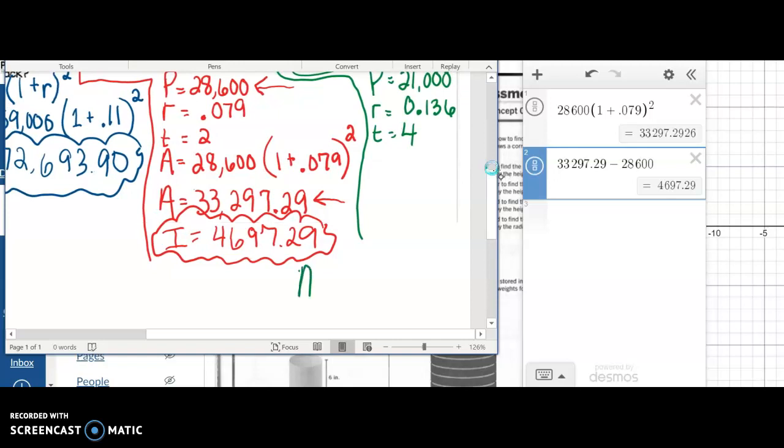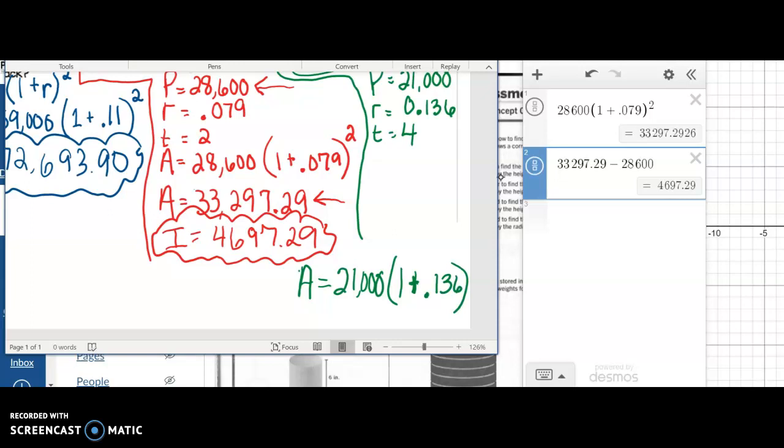So we are doing the total amount of money that I'm going to have after this 4 years is the principal, bless you, times 1 plus the rate, and my exponent is going to be what on this one? How many years? 4 years.